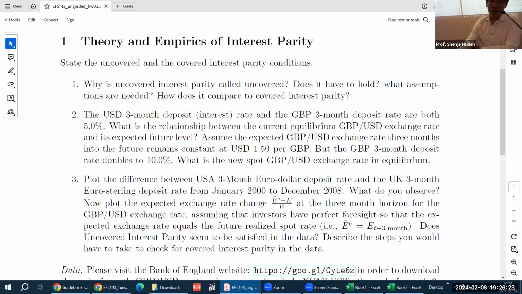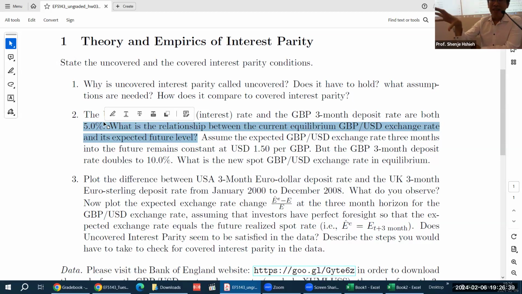What is the relationship between the current equilibrium of the price of pound sterling in terms of dollars exchange rate and its expected future level? So that's quite easy, right? You just realize that R minus R star equals 0, and therefore the expected depreciation of home currency must also equal 0, right? So there should be no change.